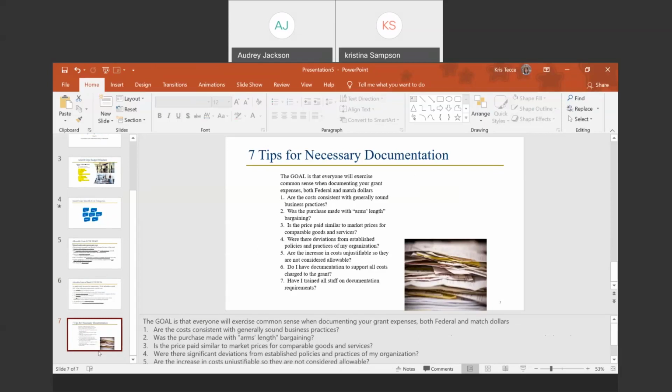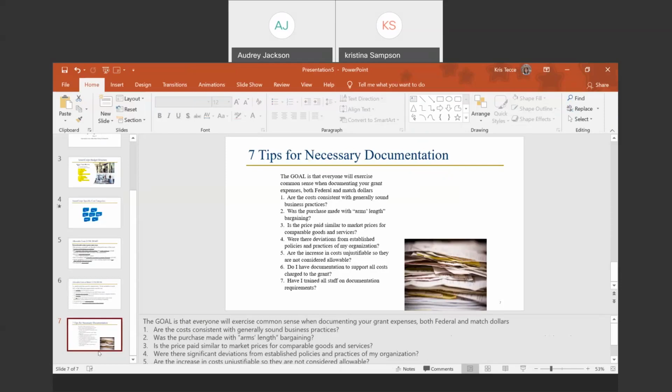Again, is the price that you paid similar to market prices for comparable goods and services? Did you deviate from your standard policies and practice? Are there increases in cost justifiable, or could they be considered unallowable? Do you have documentation for all costs charged to the grant? And are all staff knowledgeable about the documentation requirements?